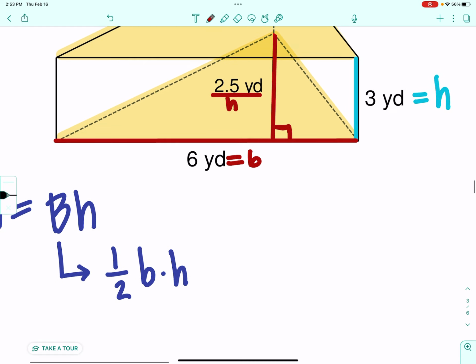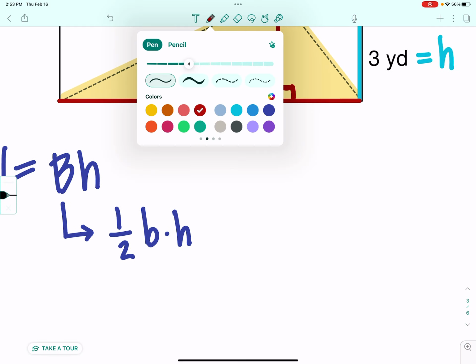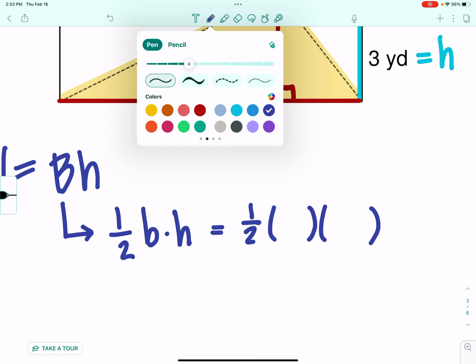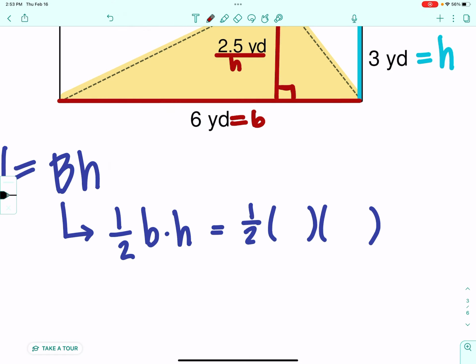So I'm going to plug those two pieces in for the area of the base. Base of my triangle was 6. Height of my triangle was 2.5.